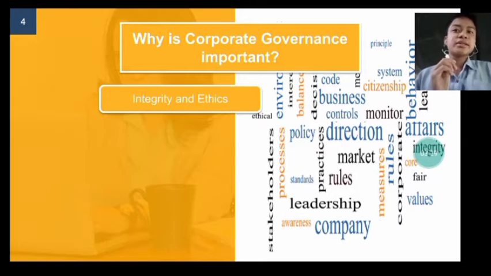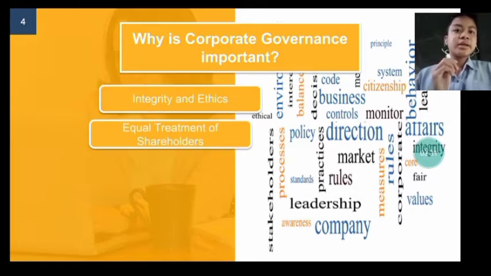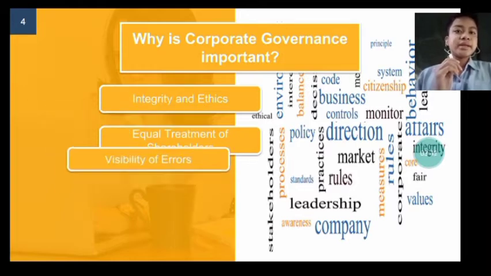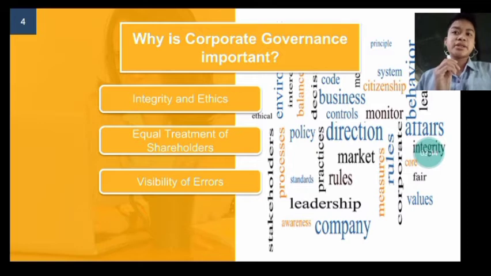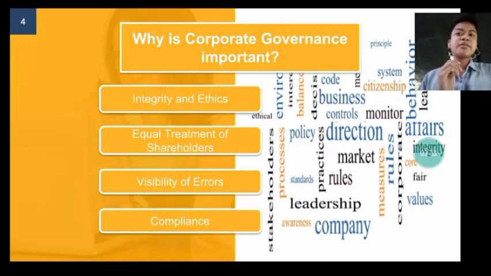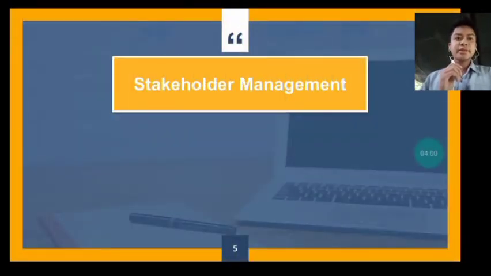Corporate governance also gives equal treatment of shareholders by exercising the rights of stakeholders through constant and open communication. Number three, the visibility of errors, quickly identifying errors in the process. And lastly, the compliance, which is meeting the specifications and working correctly. So next, we will tackle the role of stakeholder management.